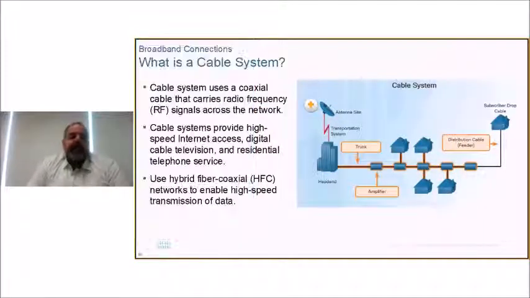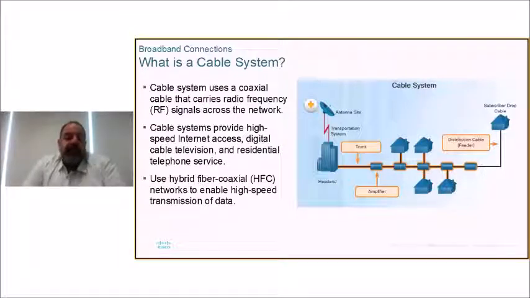So remote access connections. Basically, what connections are available, and of course cable is one. Cable uses coaxial cable that carries radio frequency signals across a network. The cable systems provide high-speed internet access, digital cable television and residential telephone service.